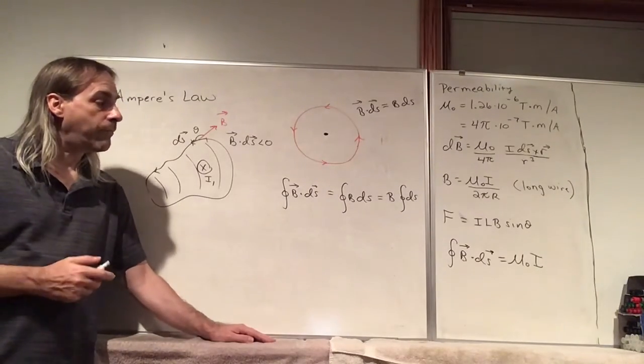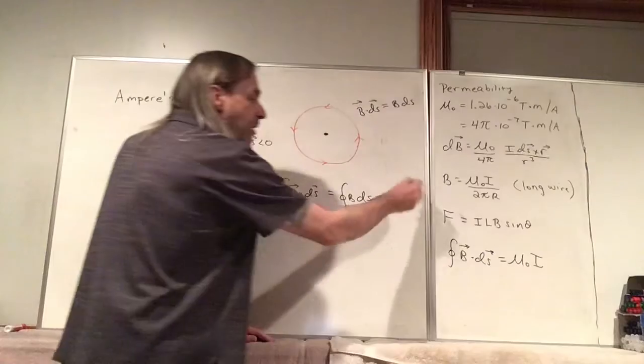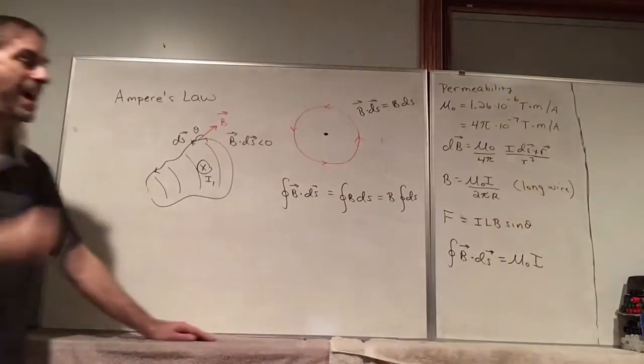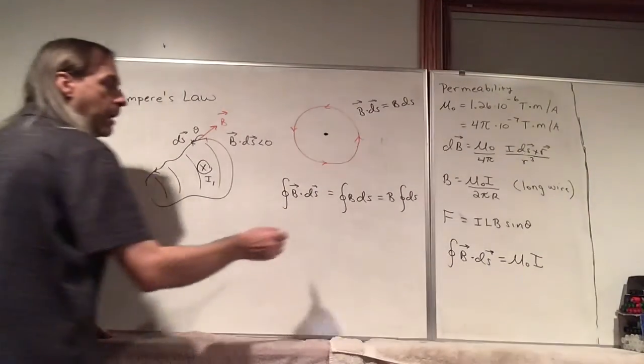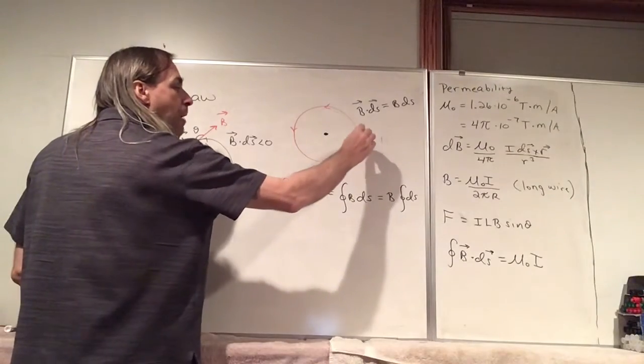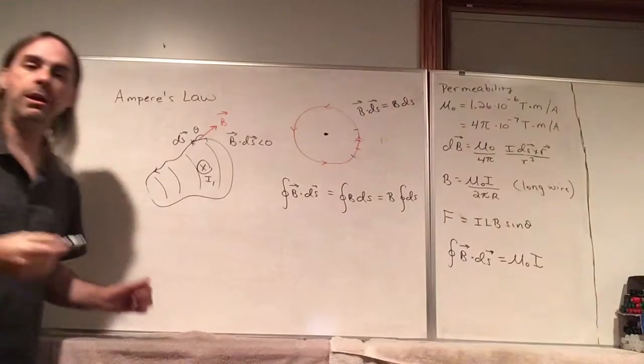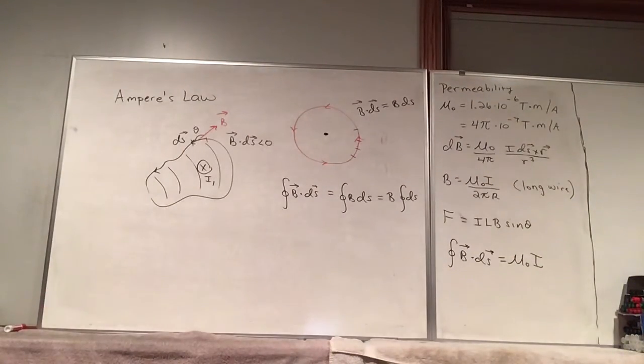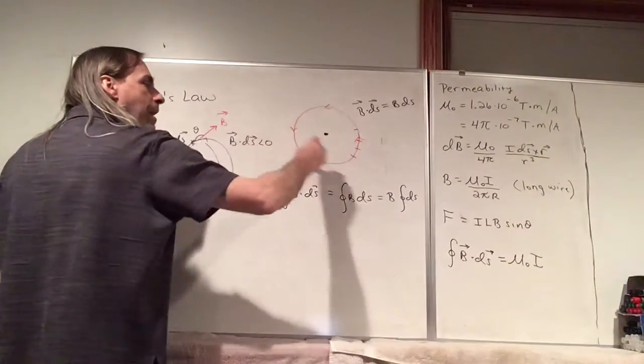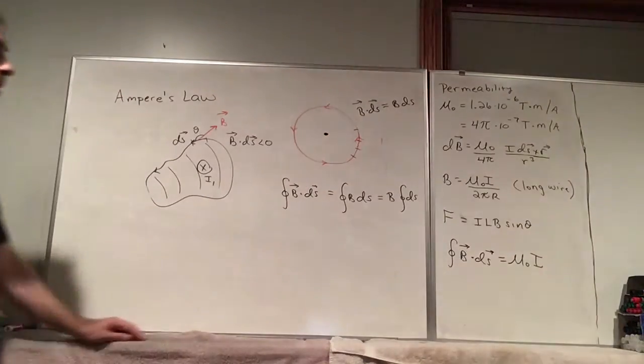By integrating ds around this circle, we're just breaking it up into pieces: ds1, ds2, ds3. Those are all the lengths of those segments. So when we go all the way around, we've completed a circumference.